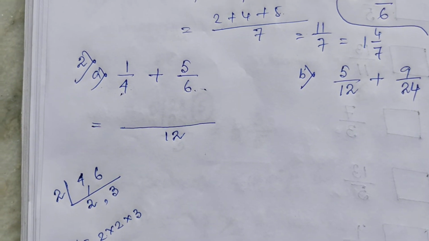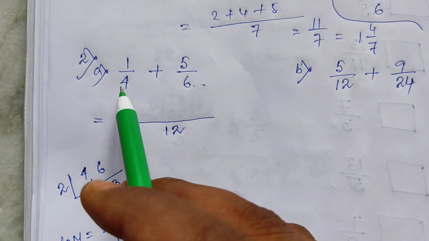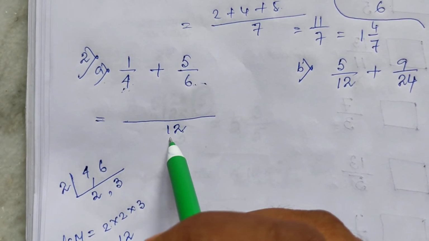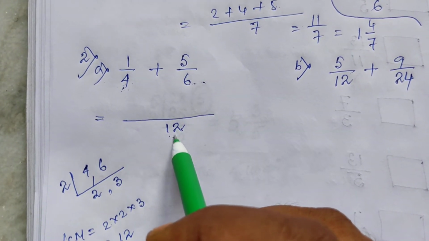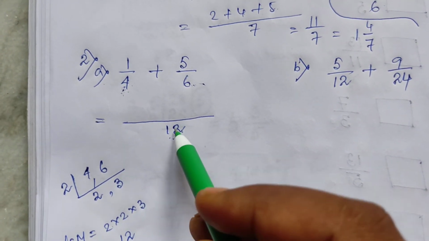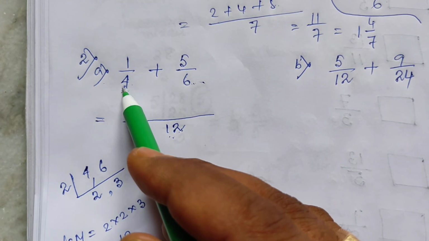everyone notice very carefully. First of all, we have to find out the LCM of the denominators. And we got the LCM of denominators 4 and 6 is 12. Now divide the LCM by the denominator.